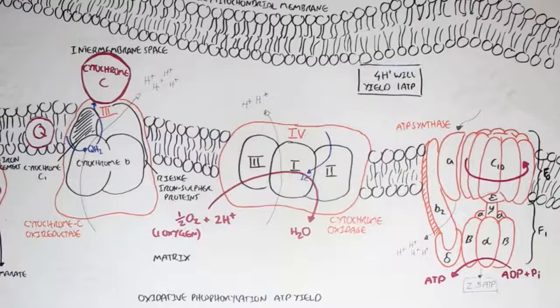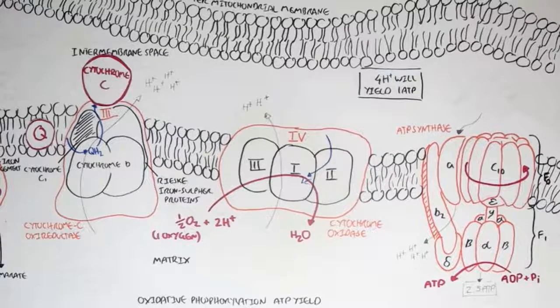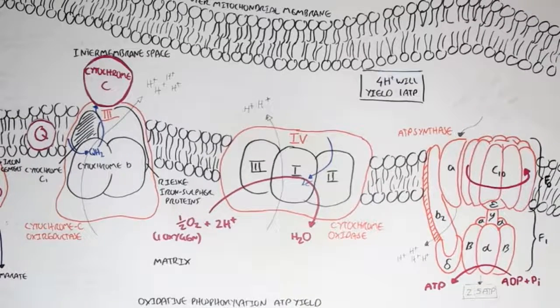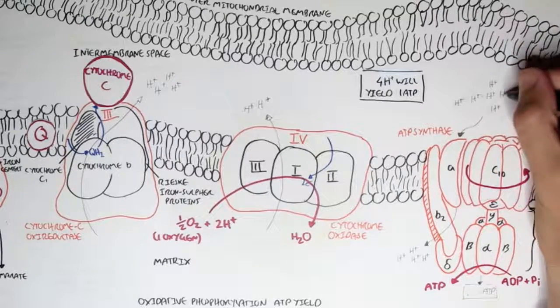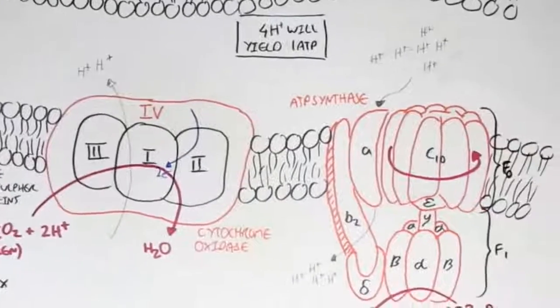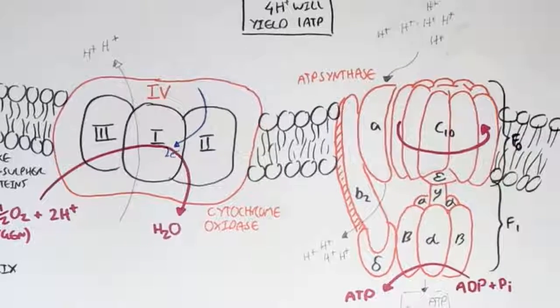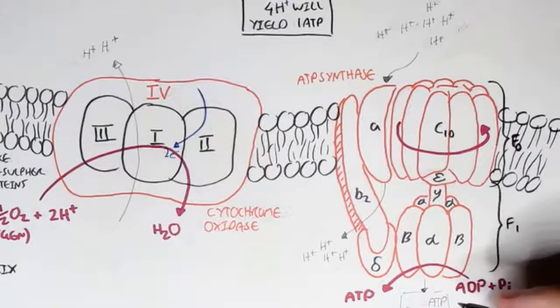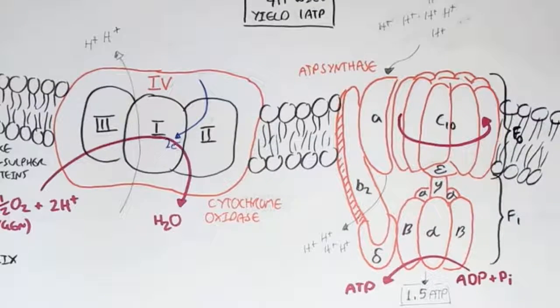However, FADH does not go through complex 1. NADH pumps 10 hydrogen ions in total through the electron transport chain. However, FADH only pumps 6 hydrogen ions from the matrix into the intermembrane space. Therefore, if 6 hydrogen ions were to go through the ATP synthase pump, it will only produce 1.5 ATP, because 4 hydrogen ions make 1 ATP.